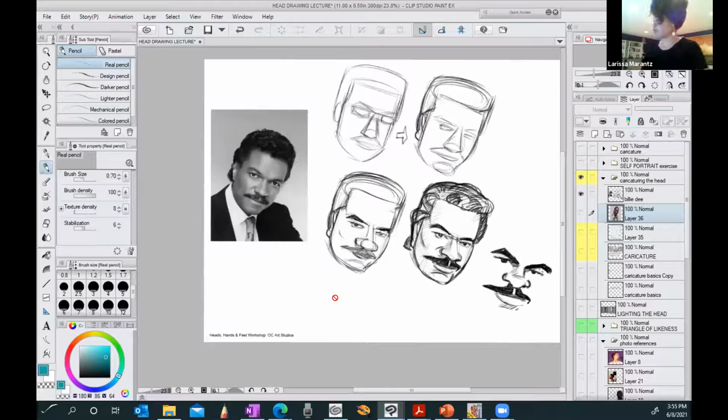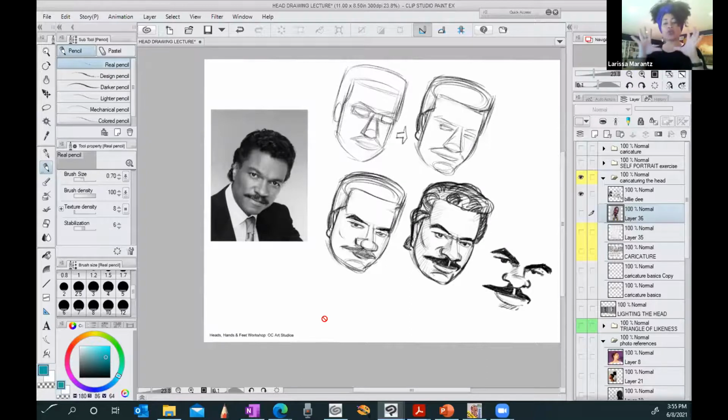Okay, so here's Billy D. Williams. Thank you for your appreciation, Selena. My process for doing a caricature is always, always, always draw a likeness first, or at least try to understand what the actual likeness of the face is before I start to exaggerate. You first construct the head, figure out what the basic shapes of the head are. Think of the basic placement of the eyes, the shape relationship of the eyes, the mass of the forehead, the nose, the mouth, and all of those things.